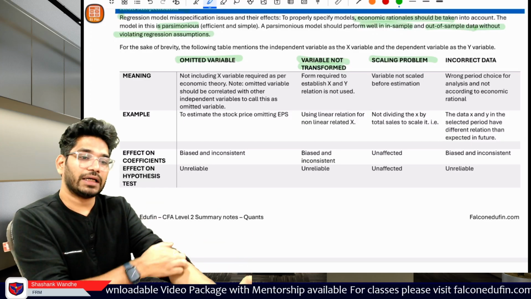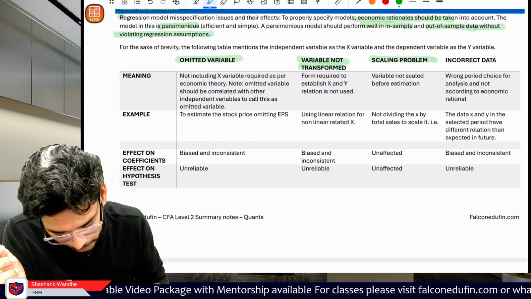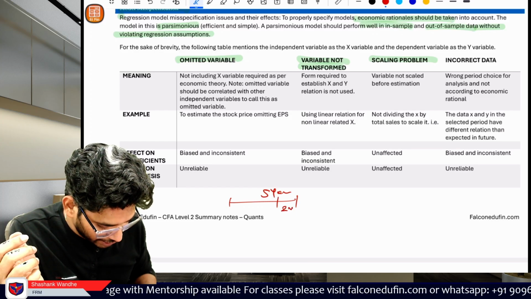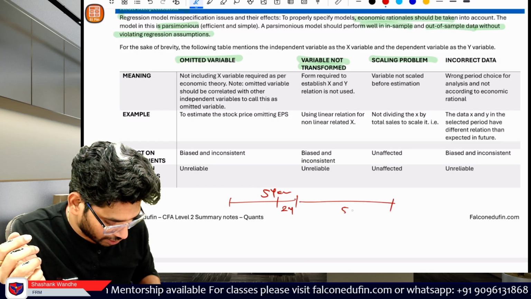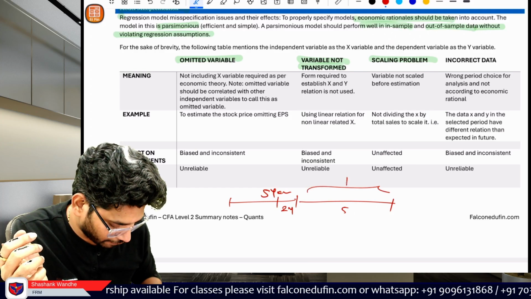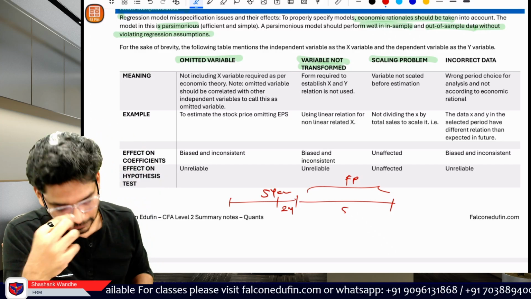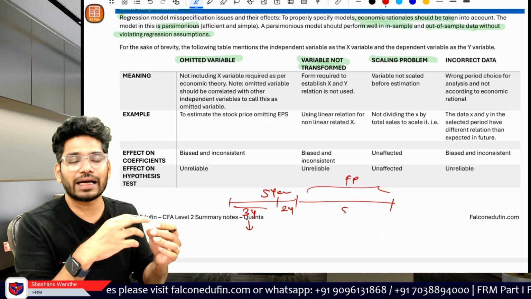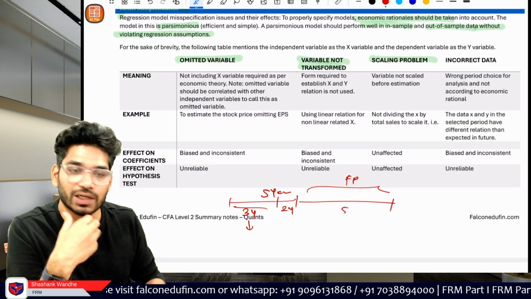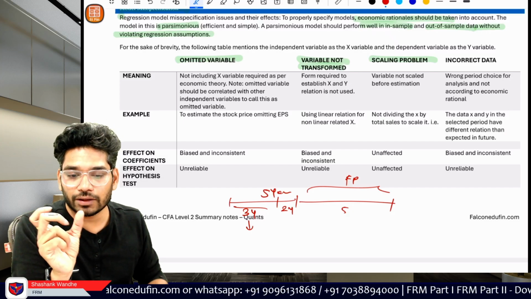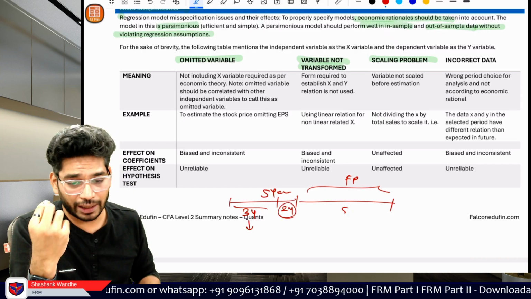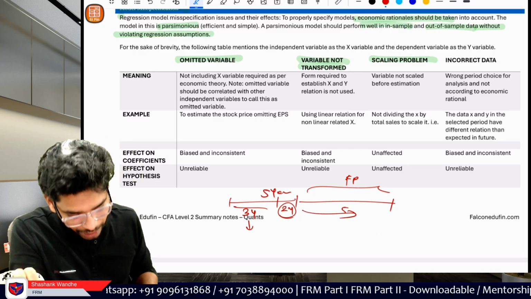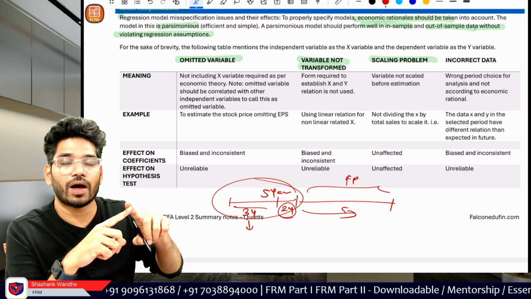Then incorrect data. So for example, you used, let's say, past 5 years data, out of which 2 years are relatable to the next period. Okay, so this is the forecast period, and these 3 years are completely unrelated, as in the economic condition for these 3 years was completely different, and for these 2 years the economic relationship between the dependent and the independent variable was the same as what you want to forecast, and you are taking 5 years, then you are using the incorrect data.